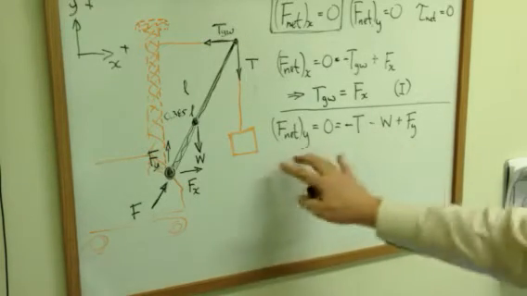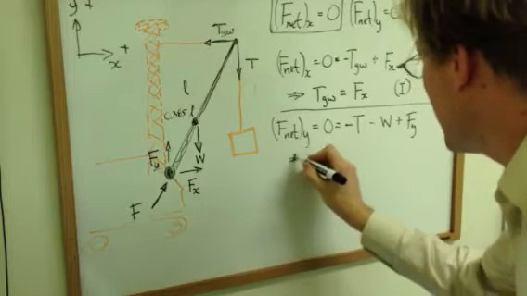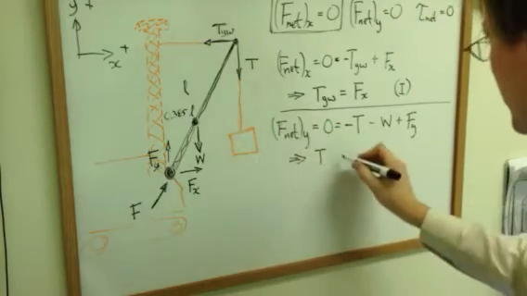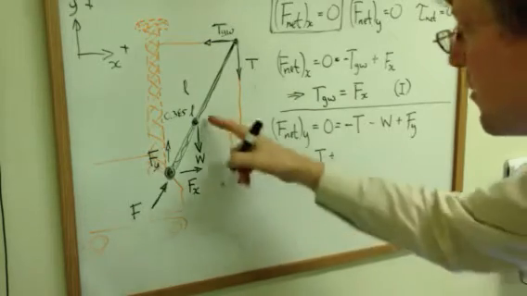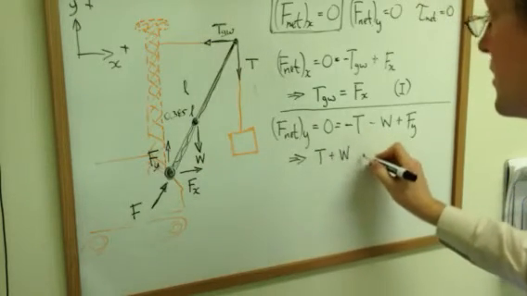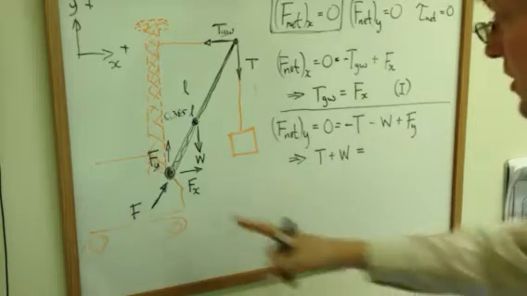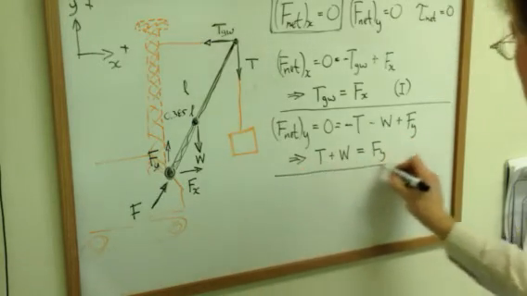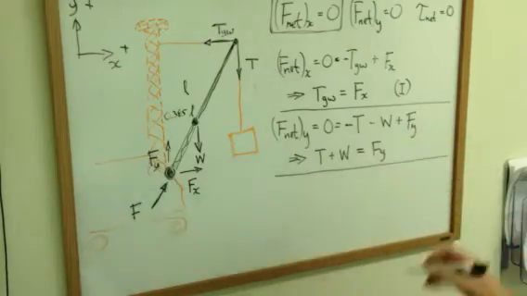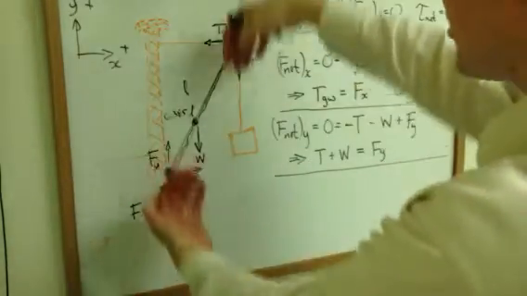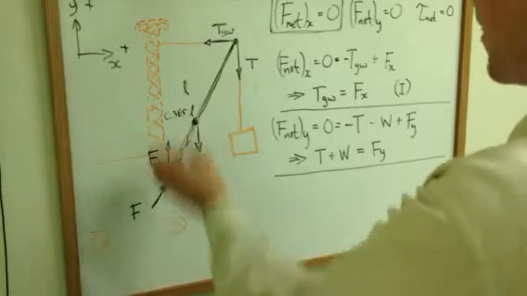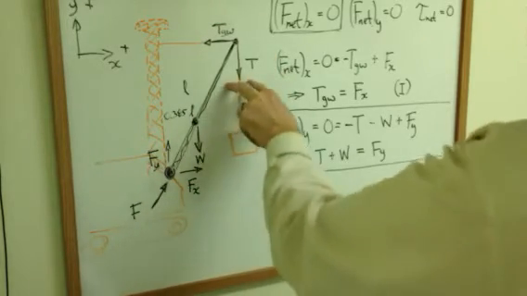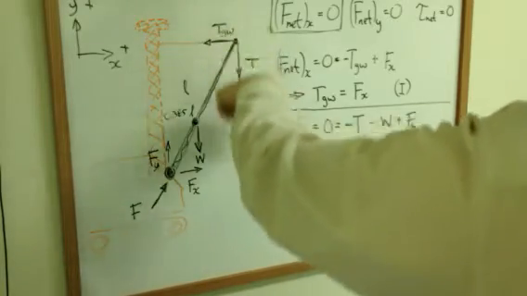Again, I can bring these over and I can see that in total, the tension in this wire plus the weight of the boom itself is being supported at the pivot point. These forces are equal in magnitude, as shown here, and they're opposite in direction. So this pivot must be supporting the weight of the boom and the tension in this wire.